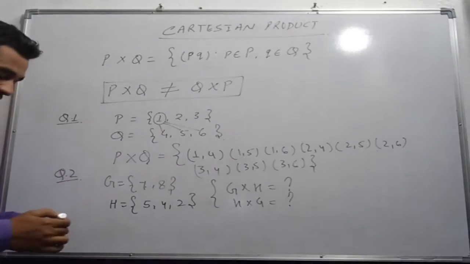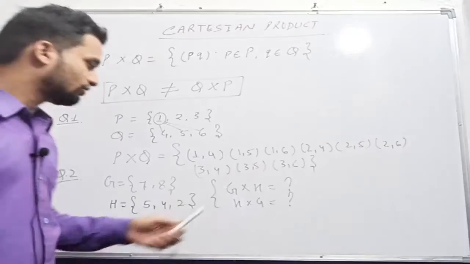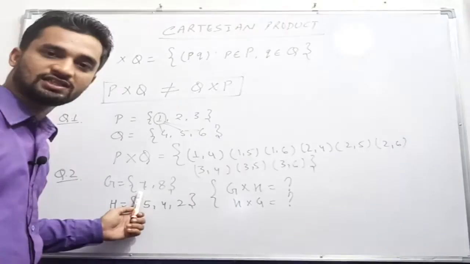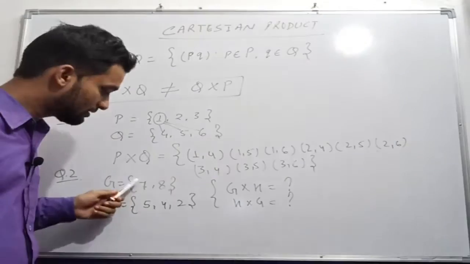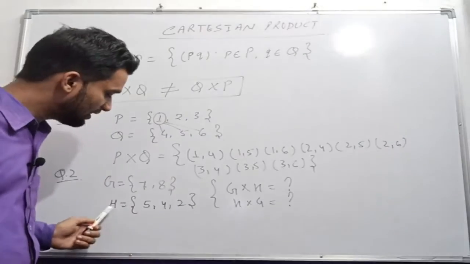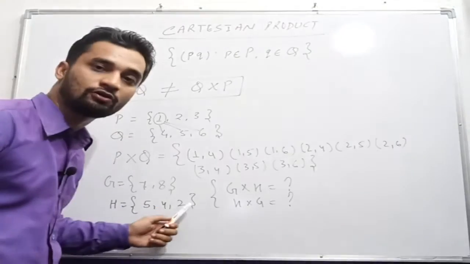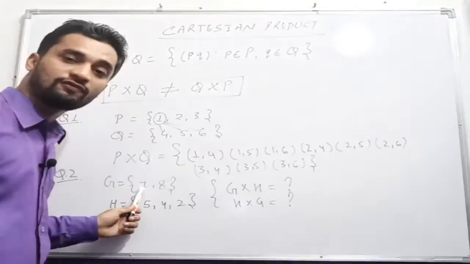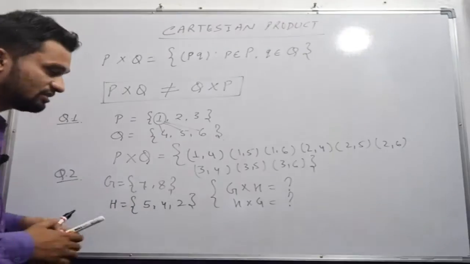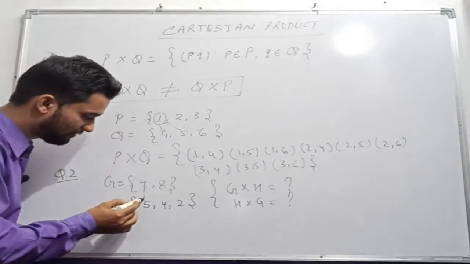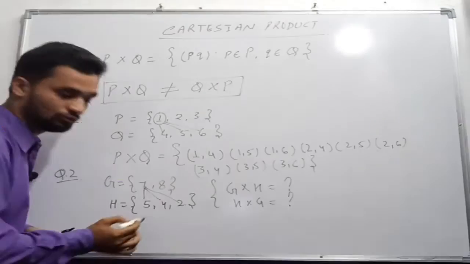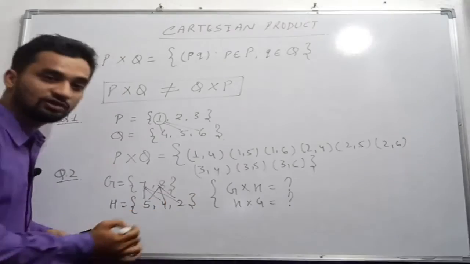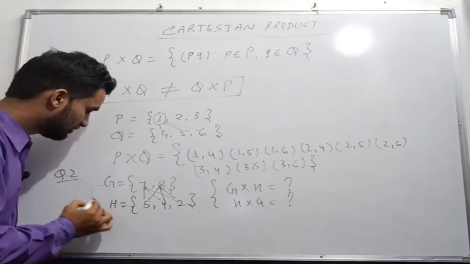If we are going to find G cross H, it means the first element of the G set, that is 7, must make an ordered pair with each and every element of the set H, with the first element from set G. So the ordered pairs will be (7,5), (7,4), (7,2). Similarly (8,5), (8,4), (8,2).